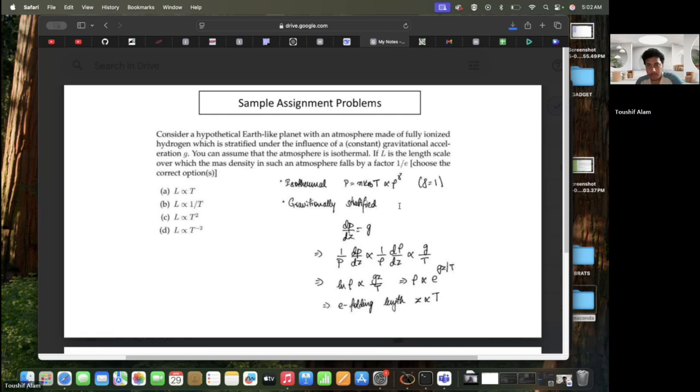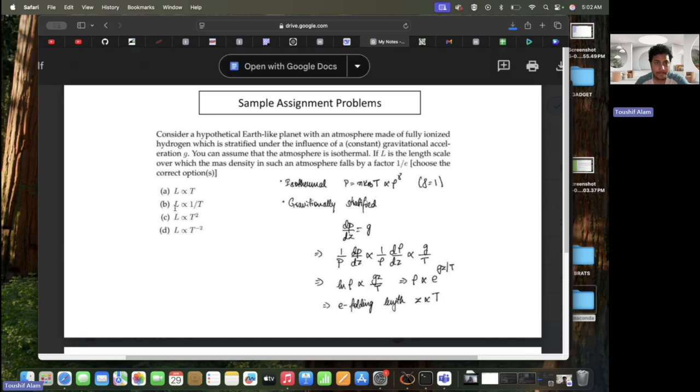So ln rho is proportional to gz by T. So rho is proportional to the exponential of gz by T. So the e-folding length z is proportional to T. This is gz by T, so z is proportional to T. Option A.